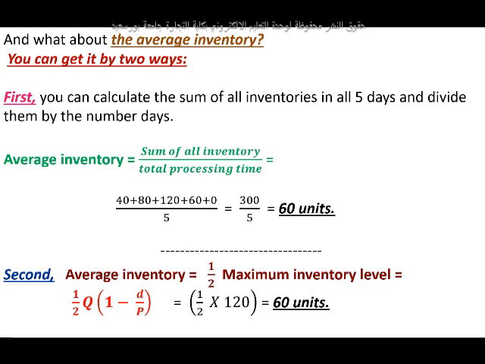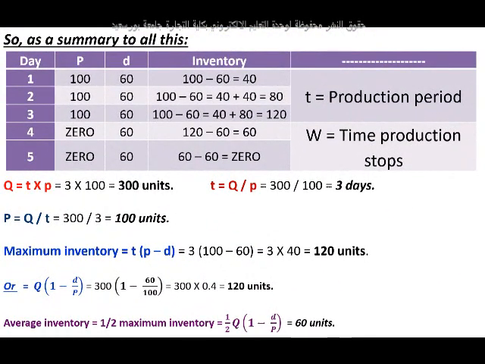Next. See, this table summarizes what I said. P is 100 production, D is demand, inventory, T is the production period, time production stops here, and the total will be cycle time.